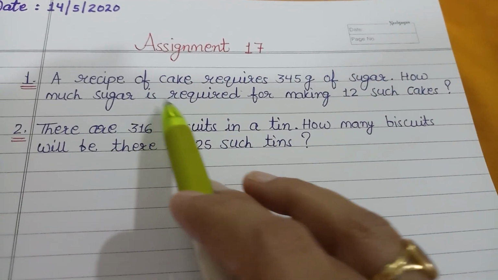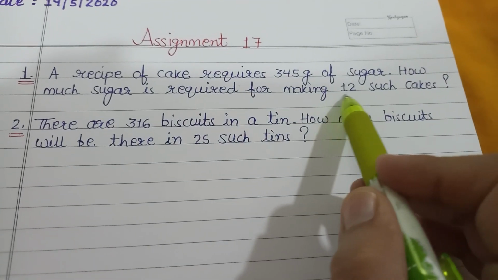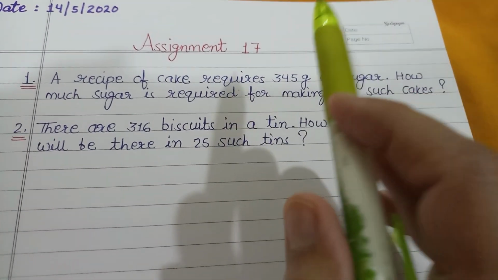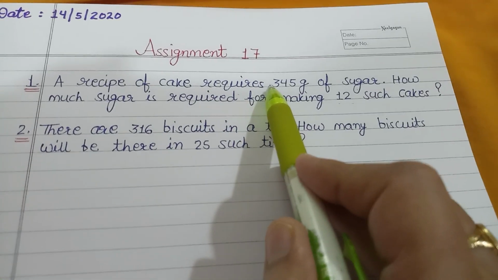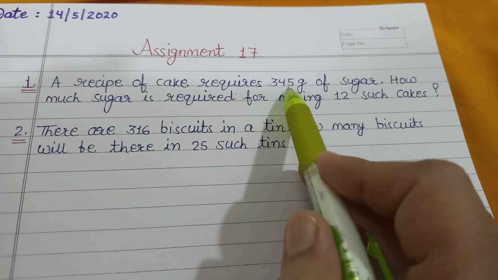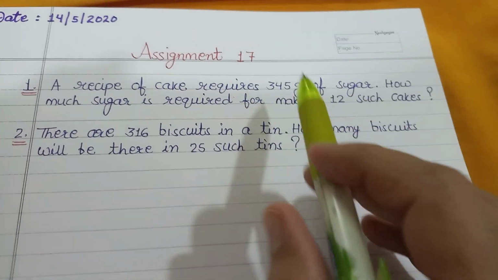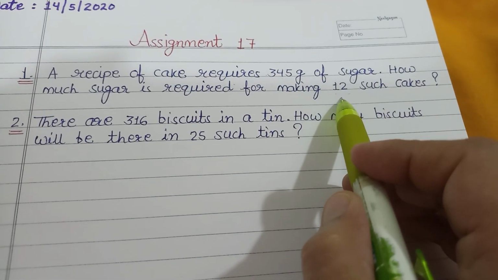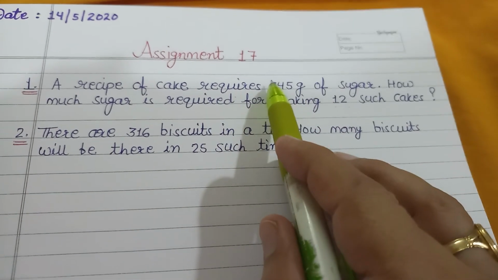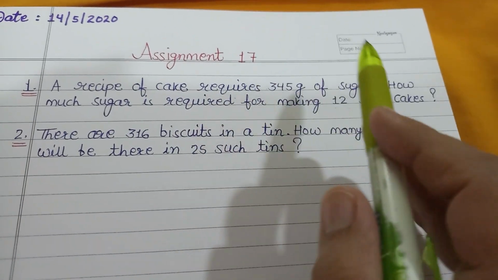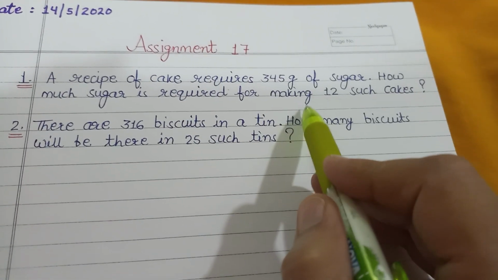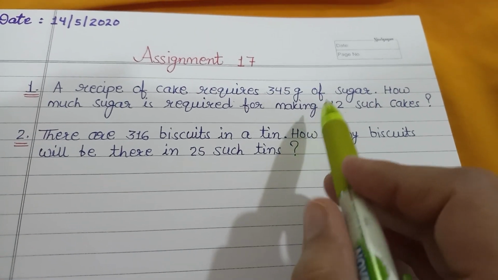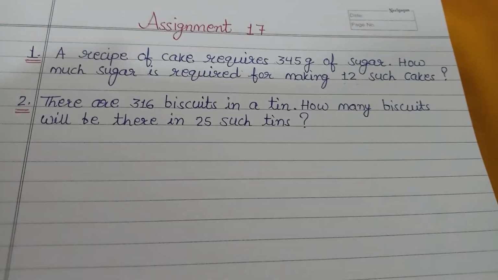How much sugar is required for making 12 such cakes? So for one cake the quantity of sugar is given. We have to find for 12 cakes. So when we have information of 1, we have to find for more. We do multiplication. So we will do multiplication in this.